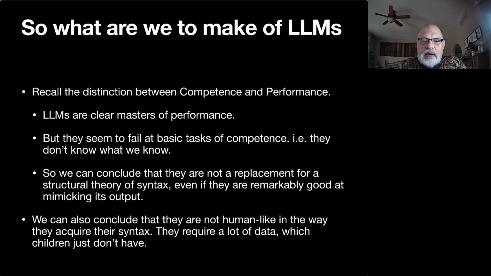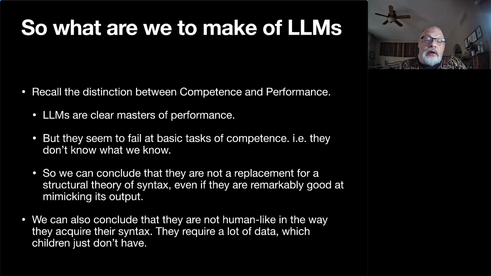They can't make linguistic acceptability judgments. And when they do, they get them wrong. So what we can conclude from this is that they're not actually a replacement for a structural theory of syntax, even if they are remarkably good at mimicking the output, that is, the performance.